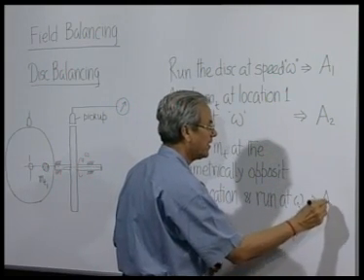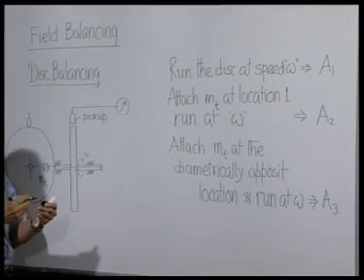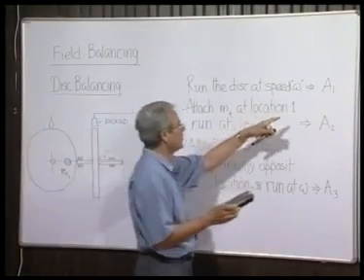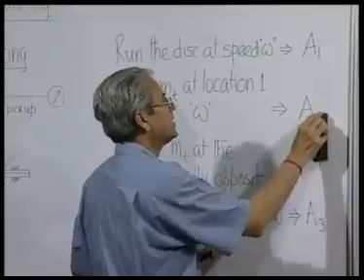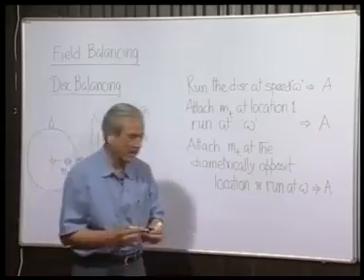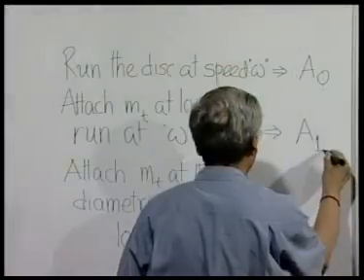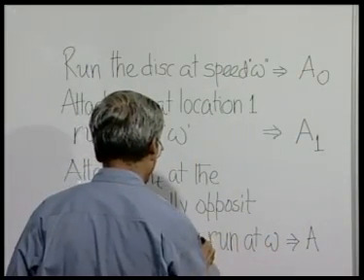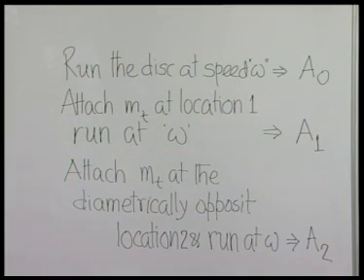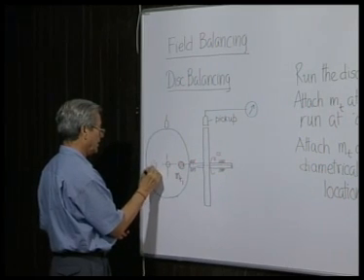This will give a better way of looking at the whole thing. Maybe if we try to match this one and this, it is possible to do like this. We call the original one A0, since it is location 1 we call it A1, opposite location 2 and we call it A2. So, this is location 1, this is location 2.